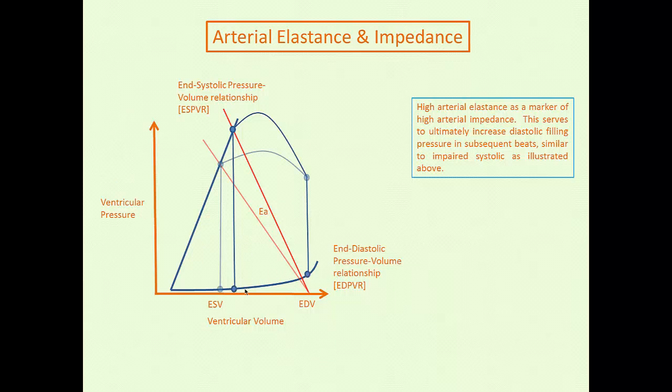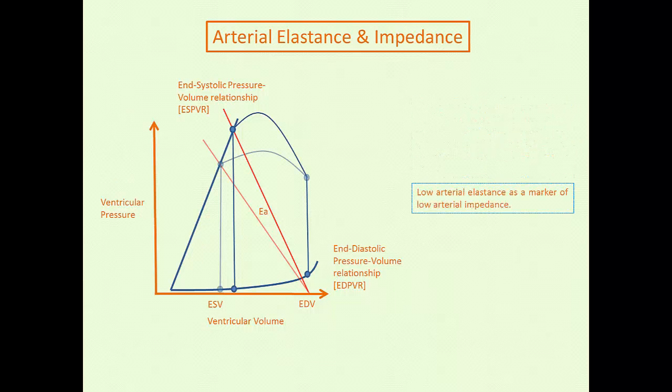On other beats you'd tend to compensate by increasing your volume, which would shift you up here. You may compensate for that stroke volume, but you'd be doing it at a higher filling pressure. So this could be like the little old lady with the poorly compliant arteries, and how these patients can have essentially normal diastolic and systolic properties of their heart, but still run into problems with pulmonary edema and heart failure type physiology.